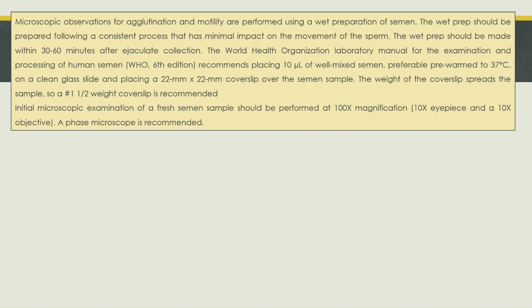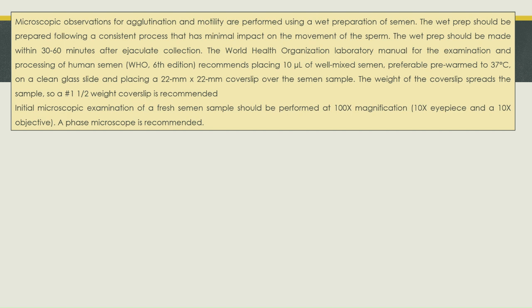The WHO Laboratory Manual for the Examination and Processing of Human Semen, 6th edition, recommends placing 10 µL of well-mixed semen, preferably pre-warmed to 37 degrees Celsius, on a clean glass slide and placing a 22 mm x 22 mm cover slip over the semen sample. The weight of the cover slip spreads the sample, so a number 1 1/2 weight cover slip is recommended.